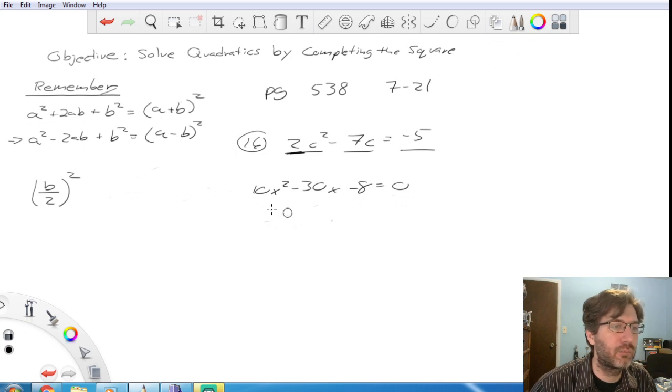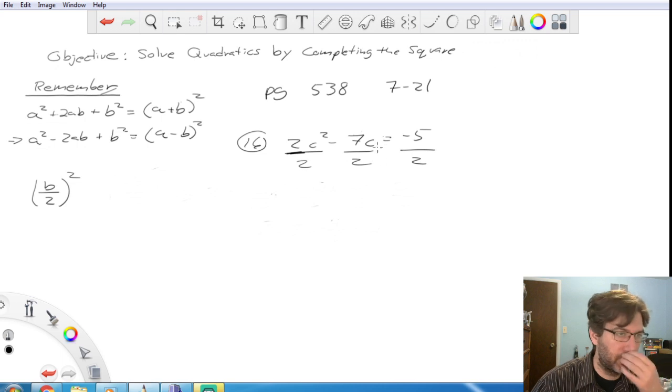You can divide everything by 2 here because these are all even numbers. So the 2 was an obvious thing to do, whether you knew how to do this or not. But then you would have done it by 5, and 2 times 5 gives you 10, so it would have been the same thing as just doing it by 10. But here you can divide everything by 2. Yeah, that's going to be an ugly number, but you'll work with it.